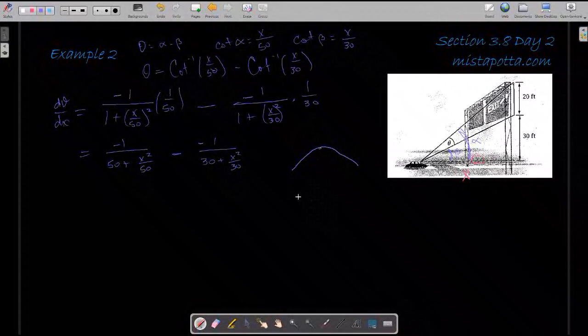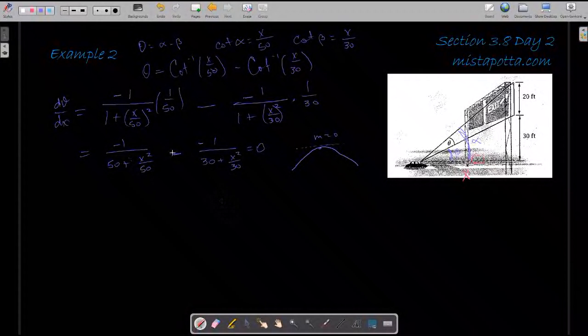So I'm interested in this maximum, and one of the things that we'll learn in chapter 4 is that special things happen when I have a horizontal tangent. So I really want to know when this slope is 0. In other words, when is this derivative equal to 0?